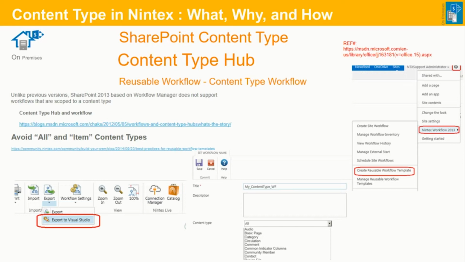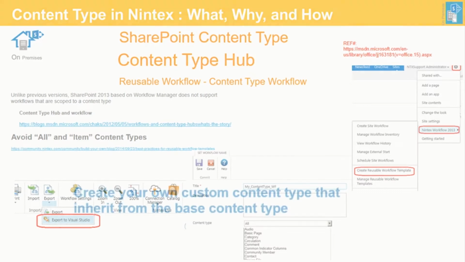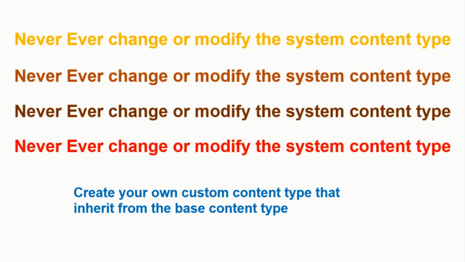So what we recommend is that you don't use the All or the Item content type, because these two content types are the base of every content type in your SharePoint. So if you add a workflow against these content types, then you are telling SharePoint to put a workflow against every content type in your system, because every content type will inherit from that Item or system content type. Is that clear enough? Do I have to repeat it again?